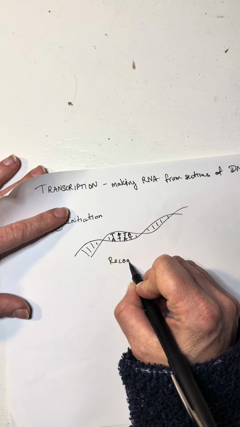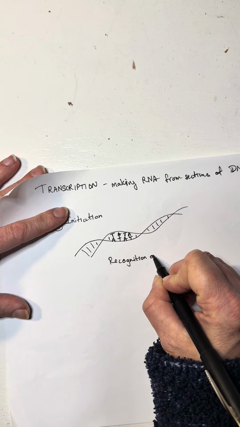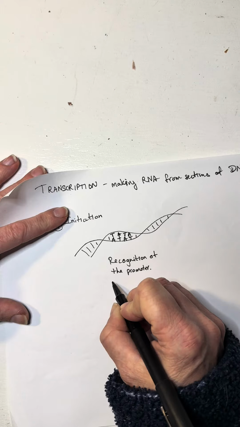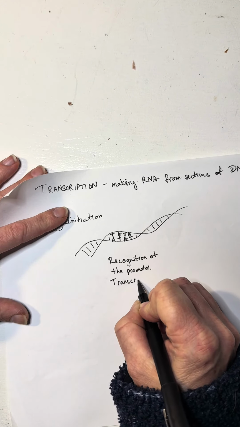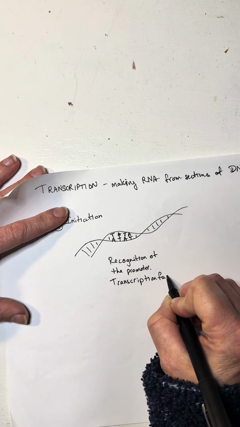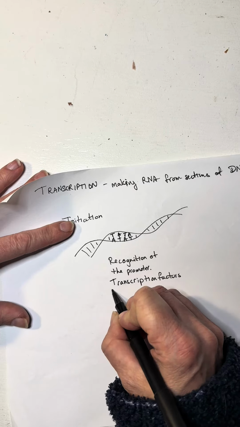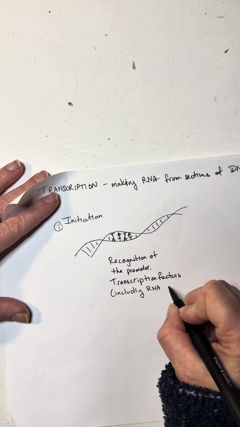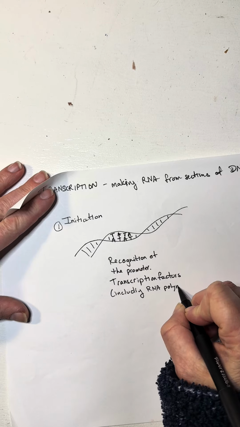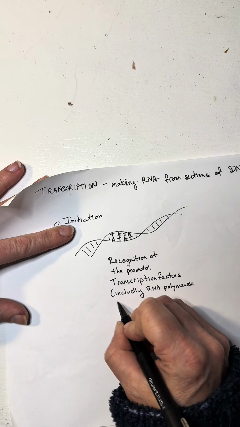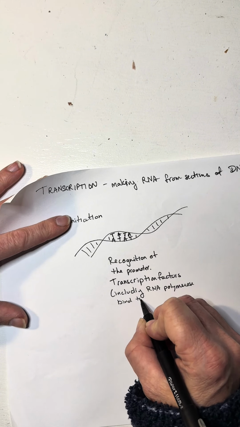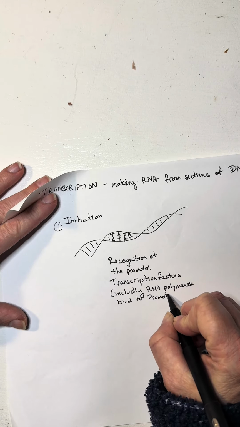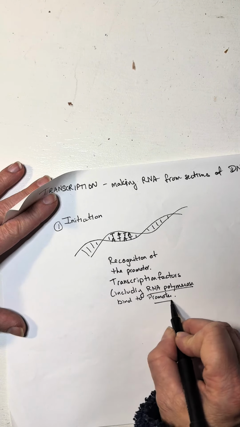So recognition of the promoter, transcription factors, including RNA polymerase bind here. And I should probably be a little bit more specific, and it's the RNA polymerase that's binding to the promoter.